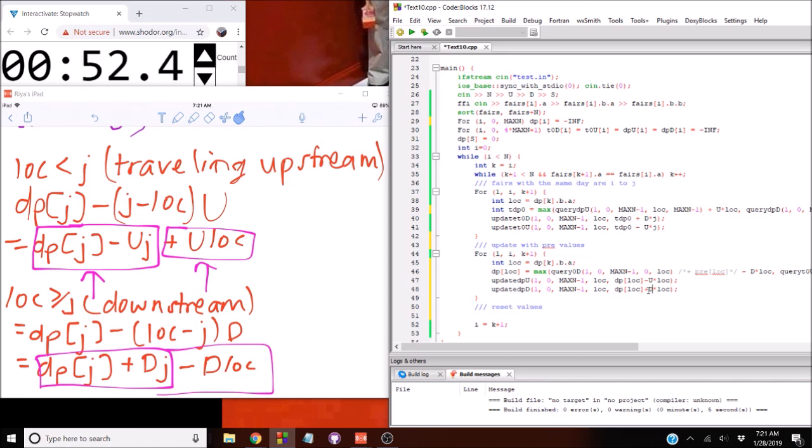Alright. We updated all of our trees, and then we just have to unupdate these two trees here.